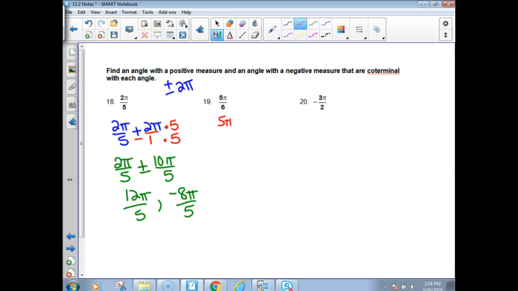Five pi over 6. We need to add and subtract 2 pi. Get the common denominator would be 6. Multiply 2 pi by 6 over 6.